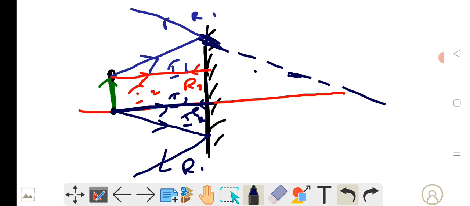Now R2 also I am extending. Okay, so they are meeting here. So for the top point you will have the image here. In the same way for the bottom point also, let's see, extend this. See, the top point and bottom point separately you have to consider. Now for this, where do they meet?